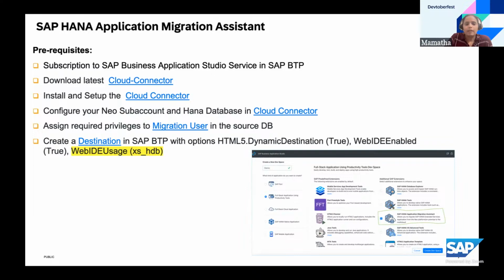And as part of our SAP BTP account, we should create a destination with parameters, especially the WebIDE usage equal to xsjdb. If we don't create a destination with this parameter value, then we won't be able to access the systems which are exposed in the Cloud Connector. So these are the prerequisites required to access our SAP HANA application migration assistant.